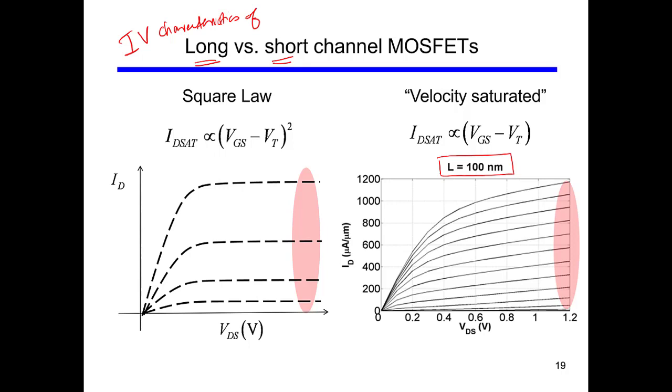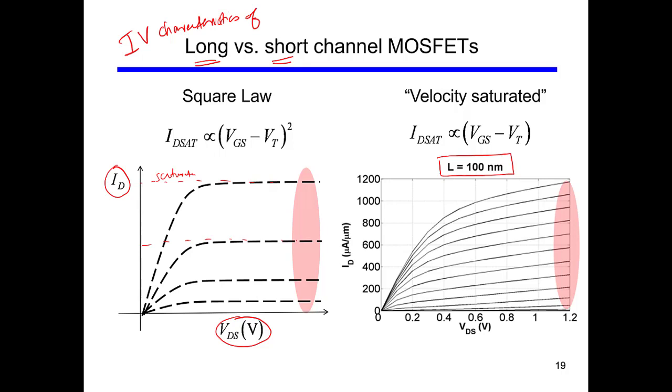Okay, so the long channel transistor has a characteristic curve of VDS versus IDS like this, where the current saturates. You see this flat ID versus VDS curve.